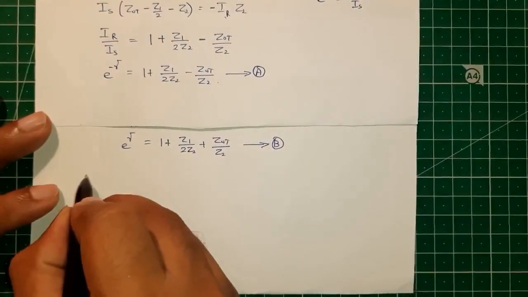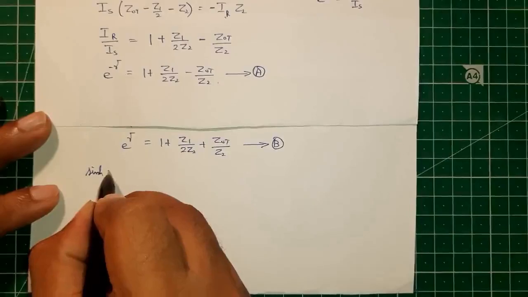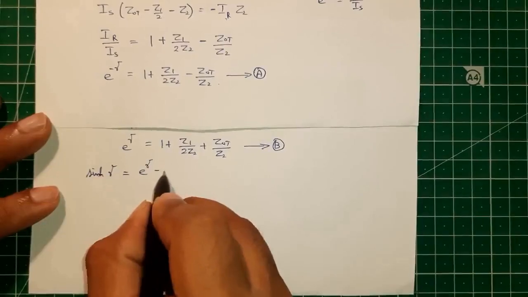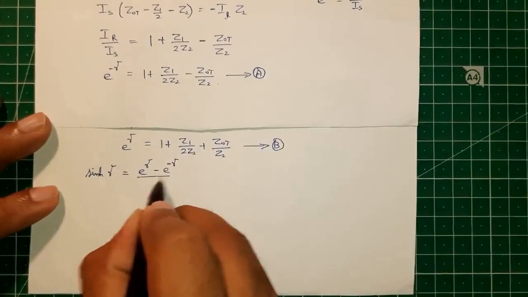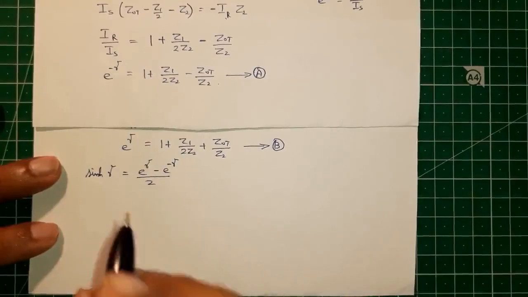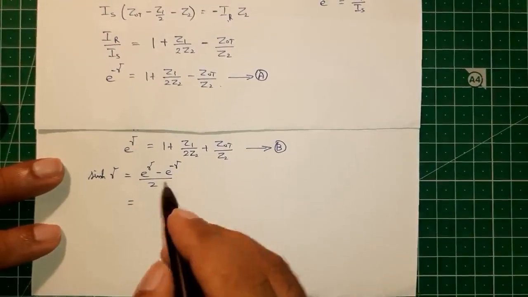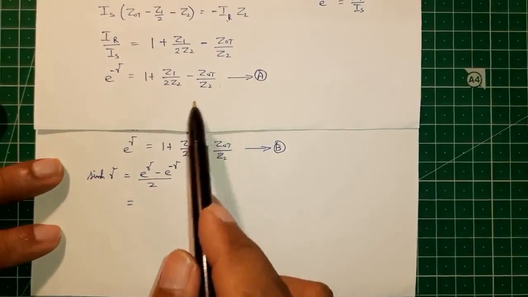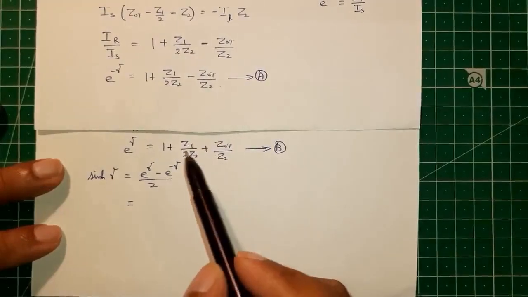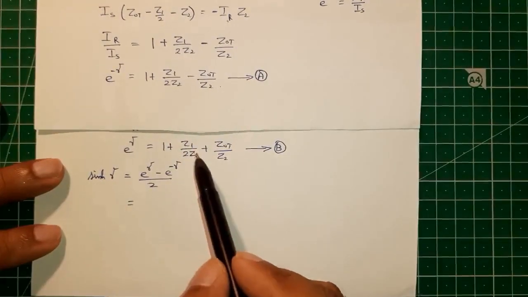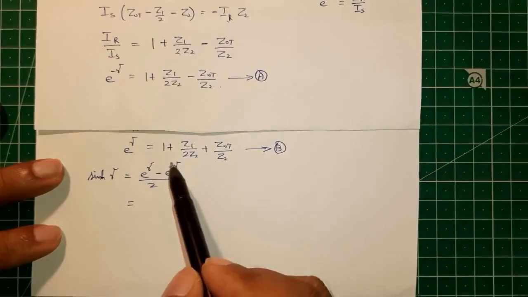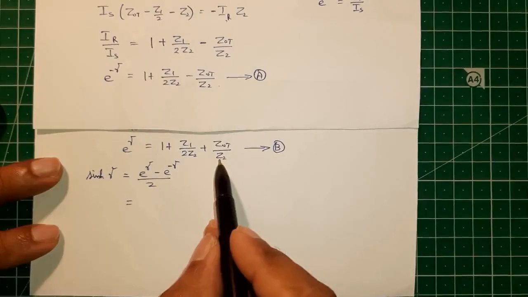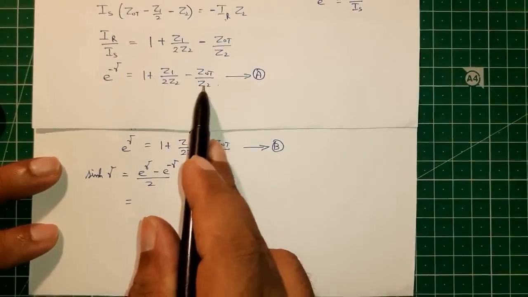Now what is sinh gamma? That is equal to e power gamma minus e power minus gamma divided by 2. So this quantity minus this quantity. So we have 1 plus Z1 by 2 Z2 getting cancelled in the numerator. Okay, so we have Z0 t by Z2 minus minus of Z0 t by Z2.